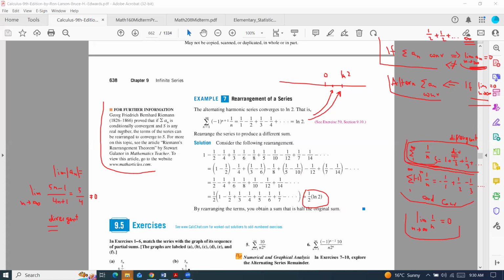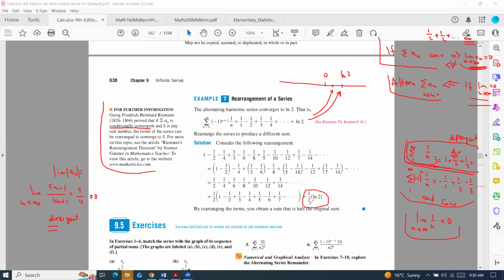So if a series is conditionally convergent, like the one we have here, then it turns out if you try to rearrange the terms, instead of converging to ln of 2, you can factor out a half, and it will converge to half of it.